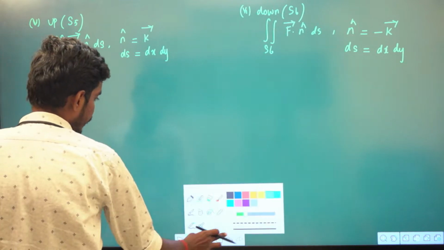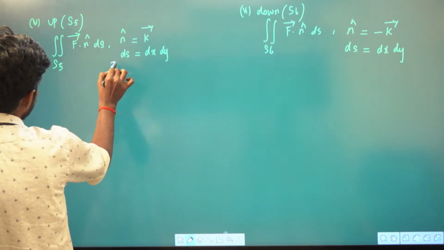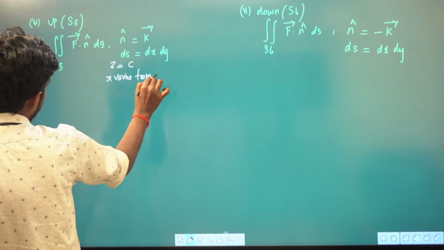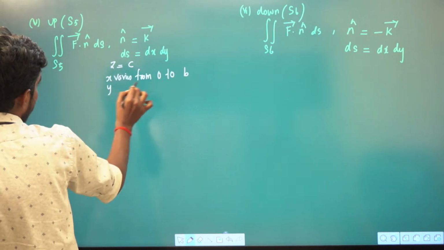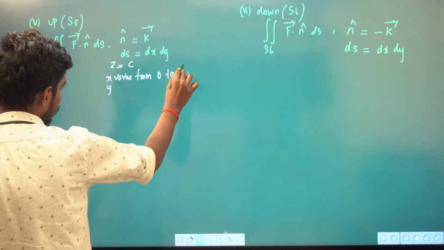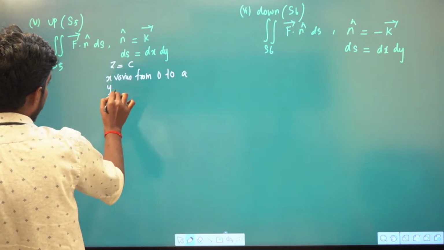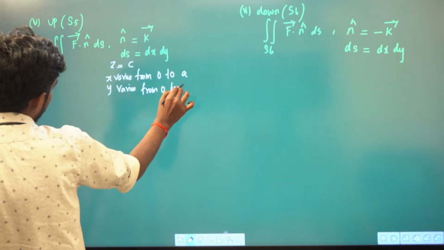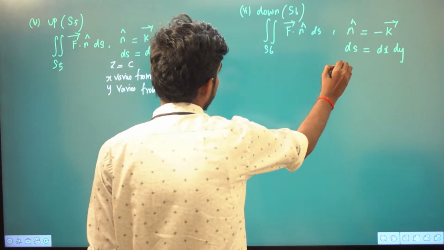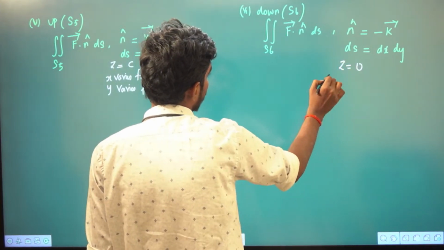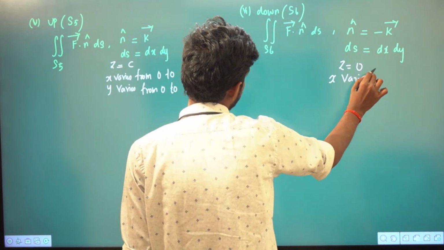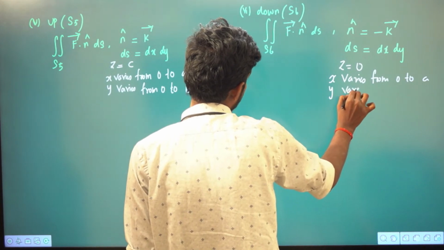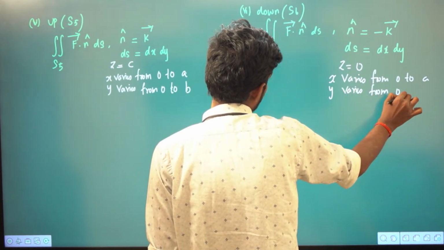Now for up, z will be c, x varies from 0 to a, y varies from 0 to b. And here where z will be 0, x varies from 0 to a, y varies from 0 to b.